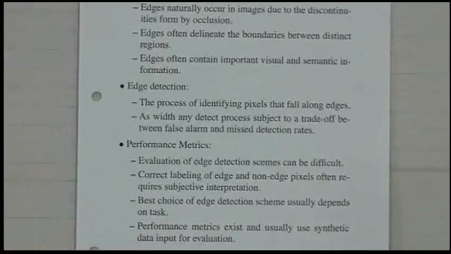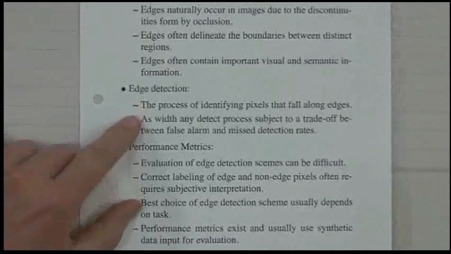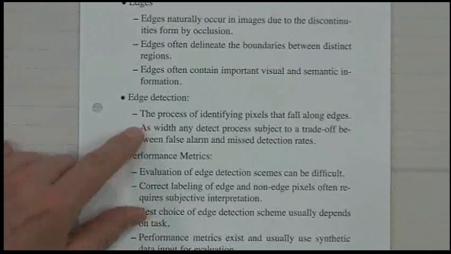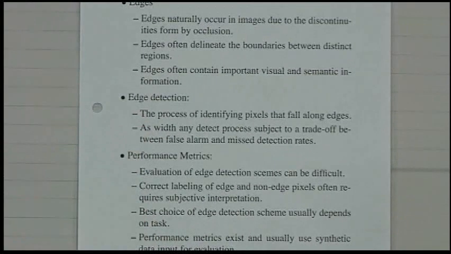The problem with edge detection is, well, there's all kinds of problems with edge detection. One is that there's no universally accepted definition of what is and what is not an edge, okay? It really depends upon your application. So it's an ill-posed problem in that sense.